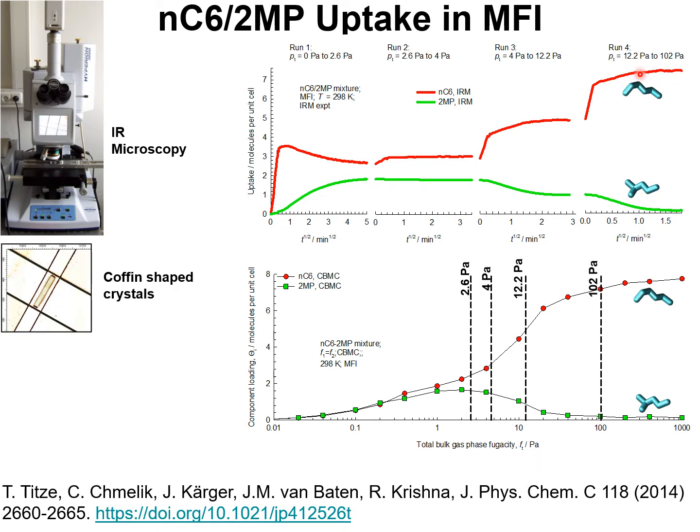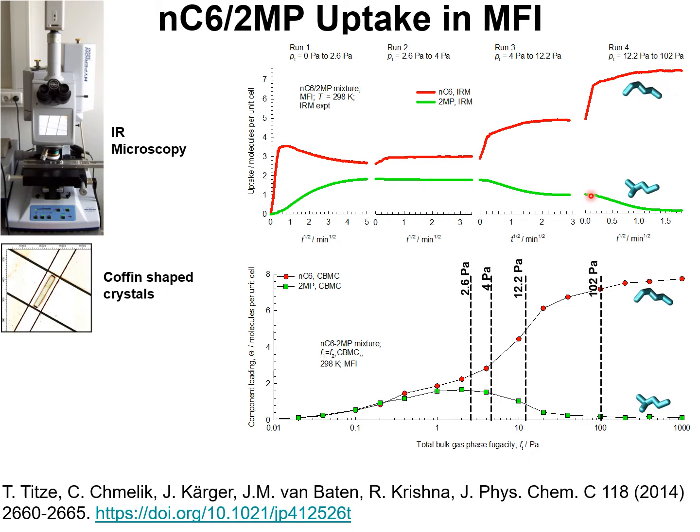And in the 4th run, the pressure surrounding the crystals is increased from 12.2 pascals to 102 pascals. And then we see that the component loading for normal hexane reaches a value that exceeds about 7 molecules per unit cell. Recall that the saturation capacity is 8.